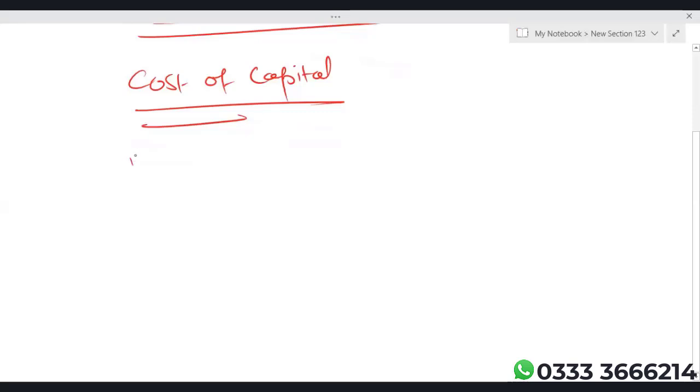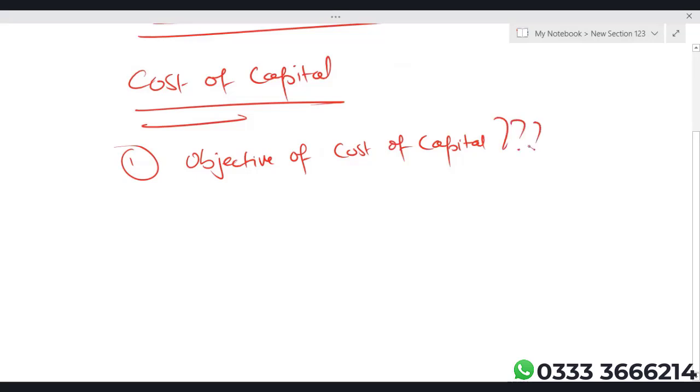Number one, what is the objective of cost of capital? Any answer, students?